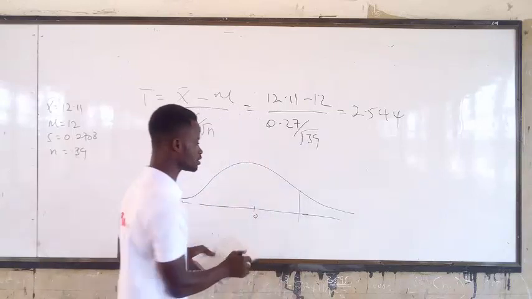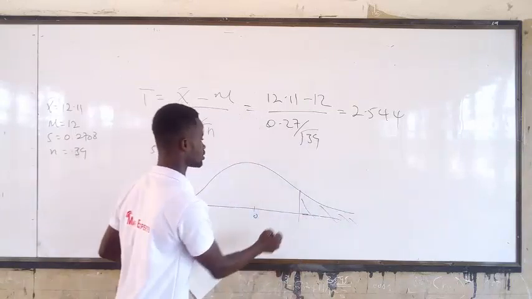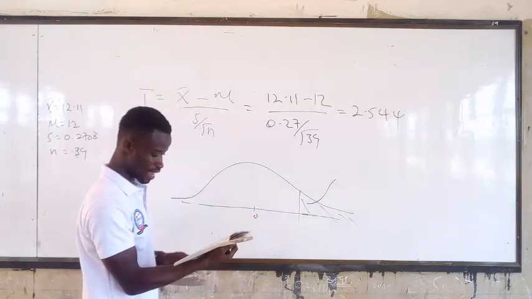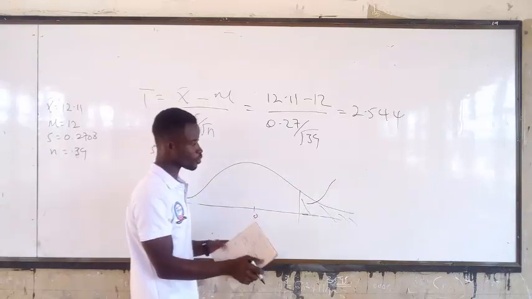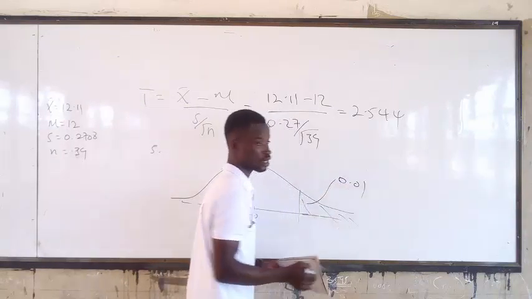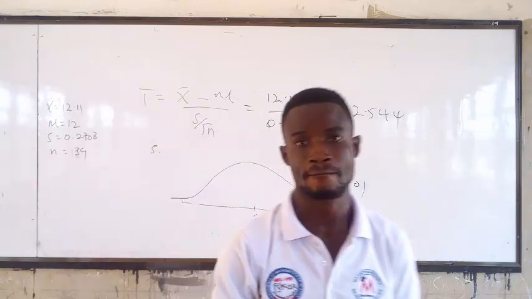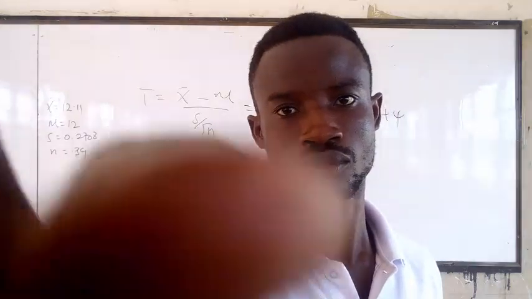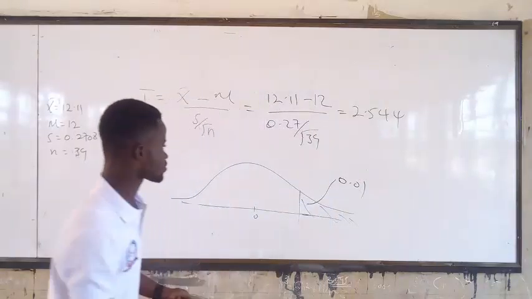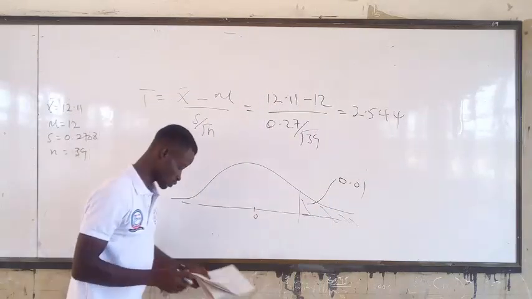So it's the right tail test. Right tail test. Alright. And the upper level alpha is 0.01. Good.